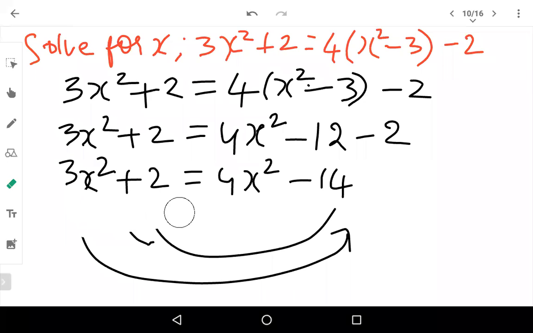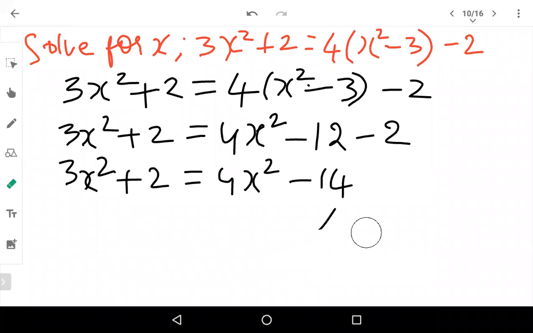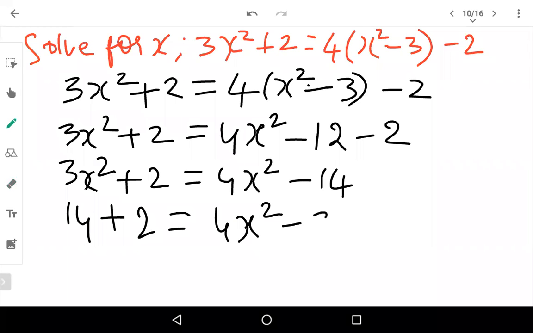So that it will be easy for us to get the answer in positive numbers. 14 plus 2 is equal to 4x square minus 3x square. So 14 plus 2 is 16, is equal to 4x square minus 3x square, which is 1x square.